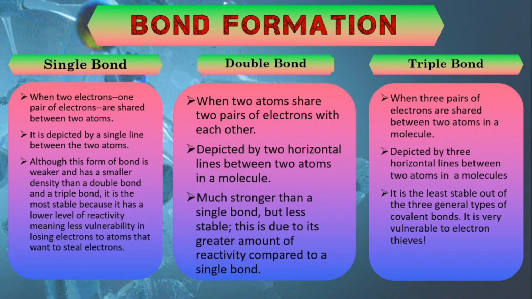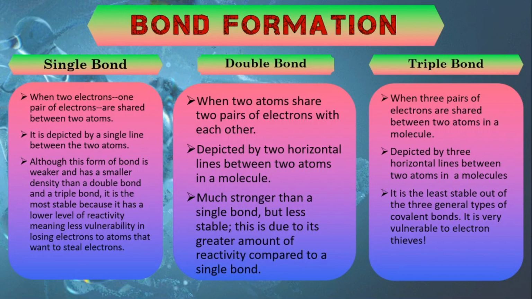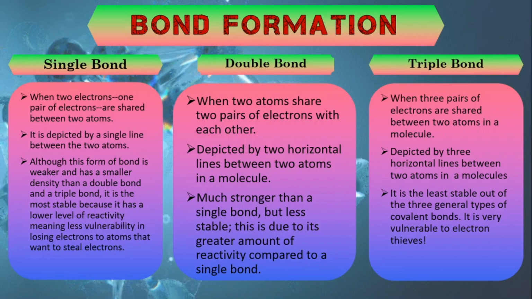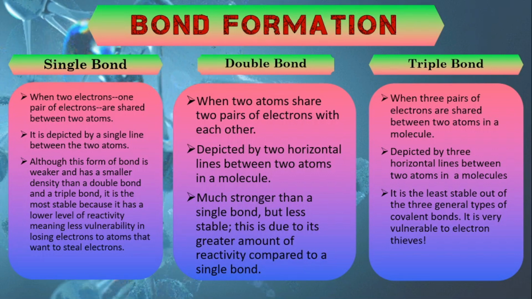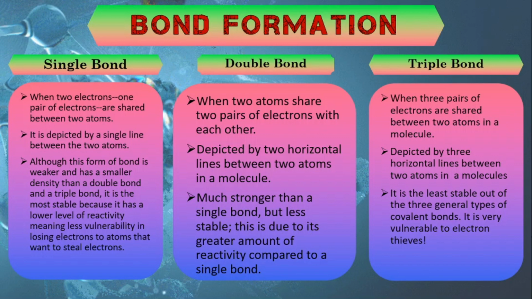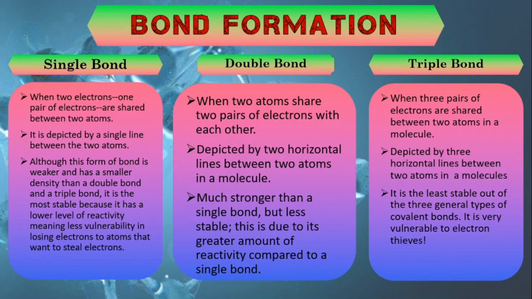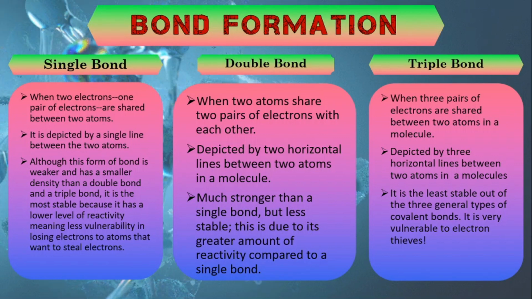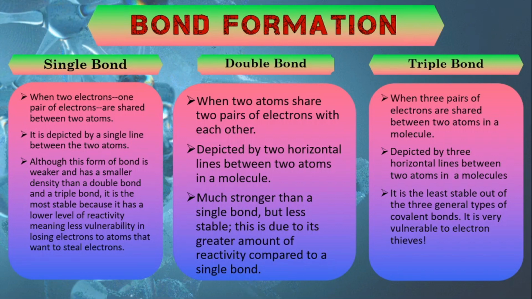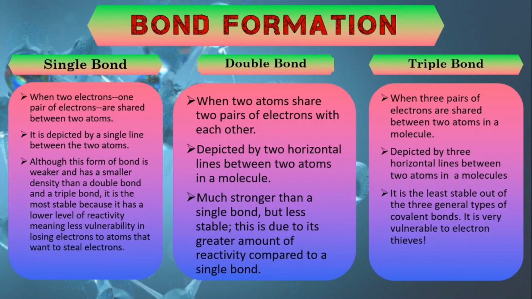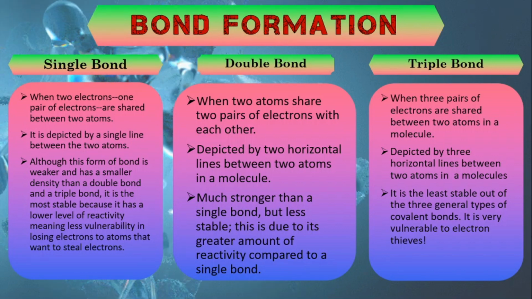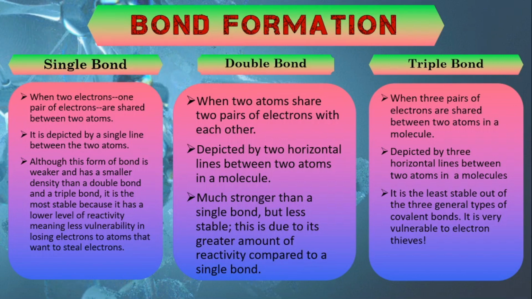Last is the triple bond. It is when 3 pairs of electrons are shared between 2 atoms in a molecule. It is depicted by 3 horizontal lines between 2 atoms in a molecule. It is the least stable out of the 3 general types of covalent bonds. It is very vulnerable to the electron thieves.